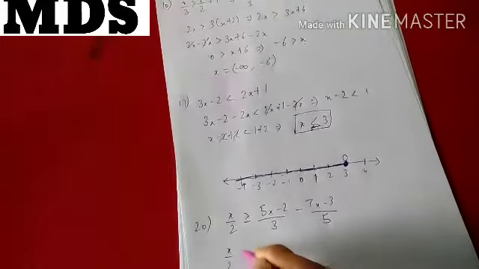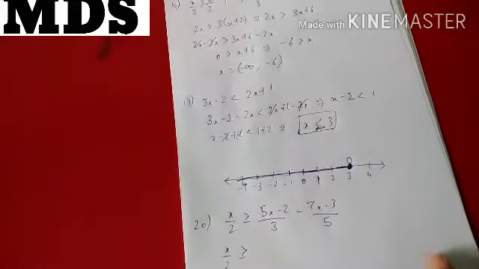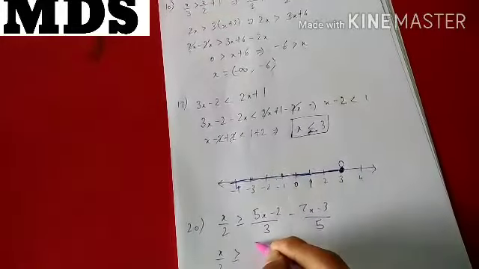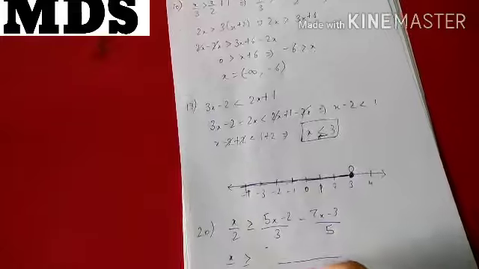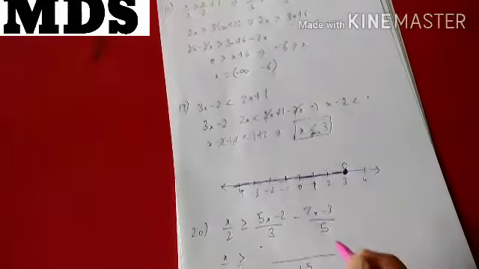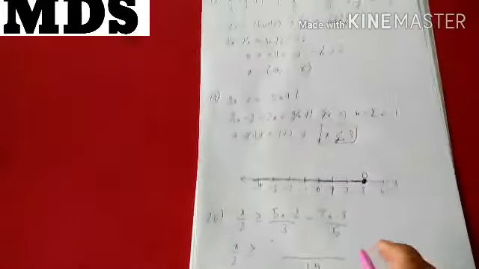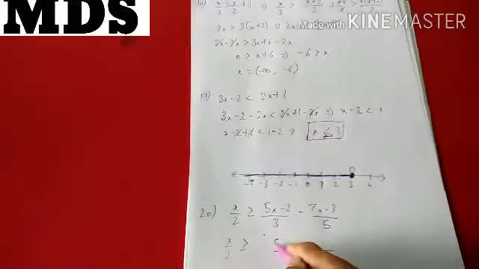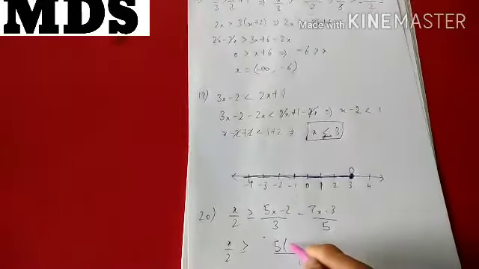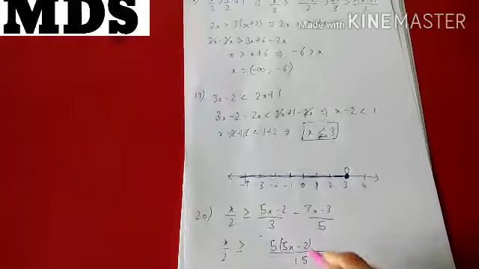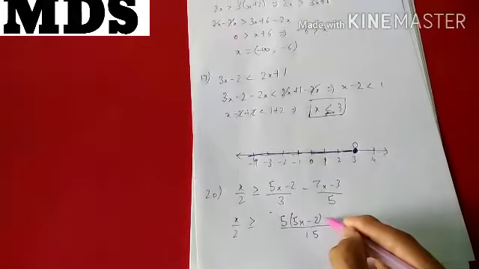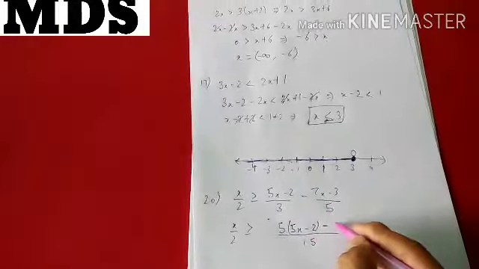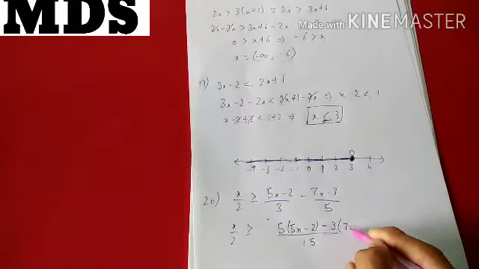So we will get x by 2 greater than or equal to, LCM will be what? LCM will be 15. So 5 threes are 15, so 5 into (5x minus 2), minus 3 fives are 15, so 3 into (7x minus 3).